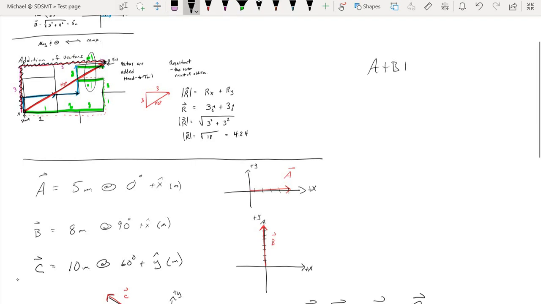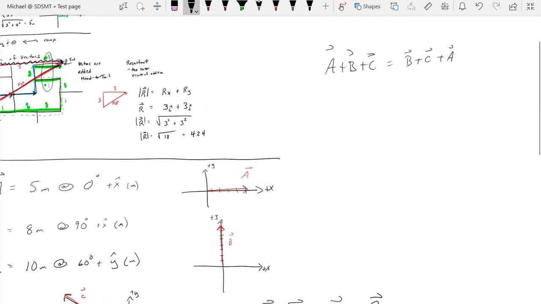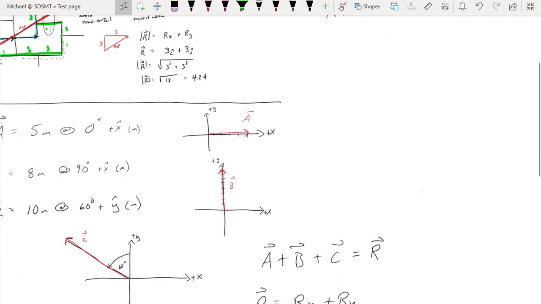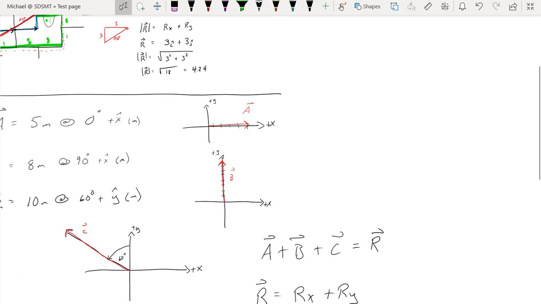And so A plus B plus C would be the same as B plus C plus A, or really any other arrangement that you can think of. It doesn't matter what order we combine these vectors, we're still going to get to the same end point. So for our purposes, let's take these 3 vectors and we will add them together on a fresh xy axis.